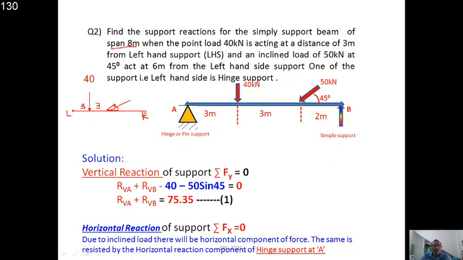So from that point there is an inclined load, with 50 kilonewtons, and it has an angle of 45 degrees. So we will see this.